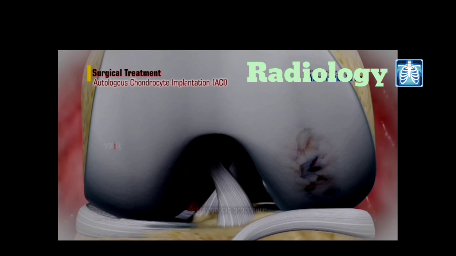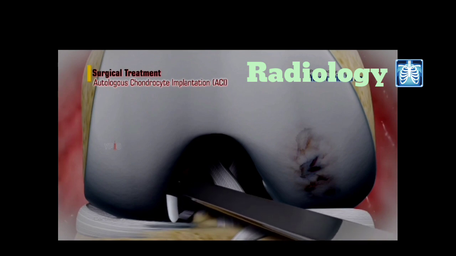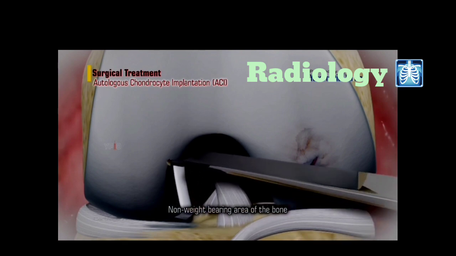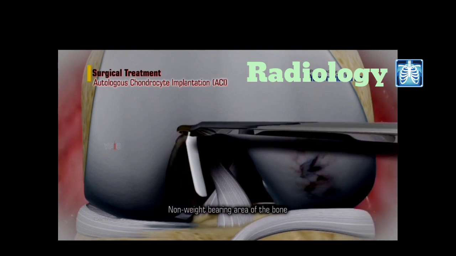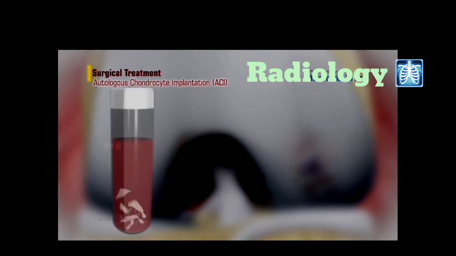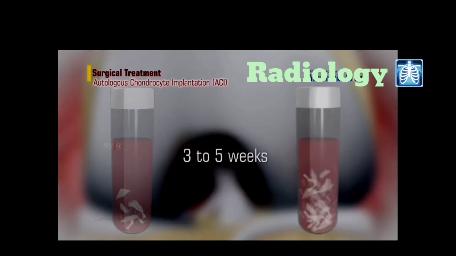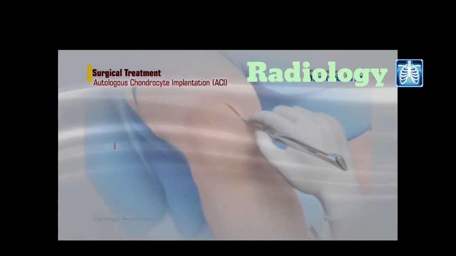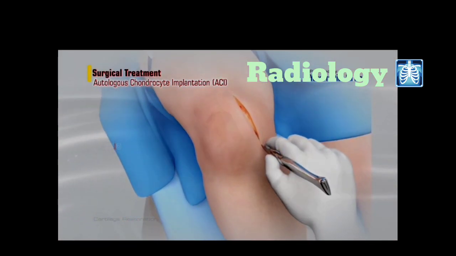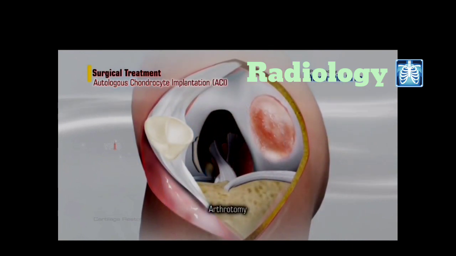The first step is performed arthroscopically, during which healthy cartilage cells are removed from a non-weight-bearing area of the bone. These cells are then cultured in a laboratory for 3 to 5 weeks to increase their number. Implantation of the new cartilage cells is performed through an open surgical procedure called arthrotomy.